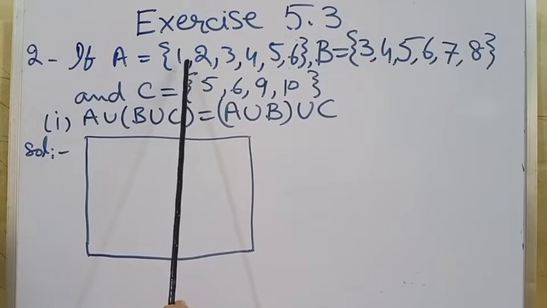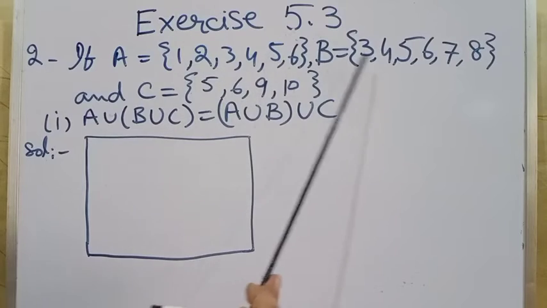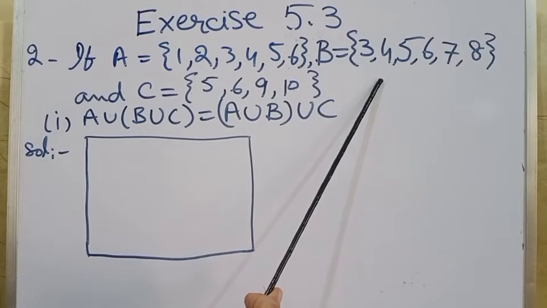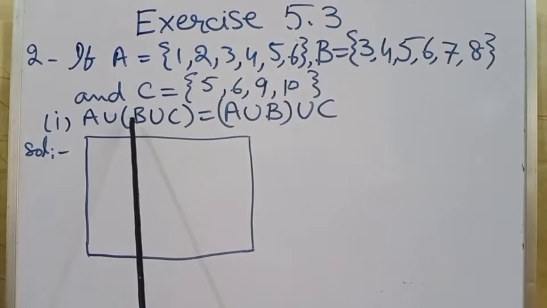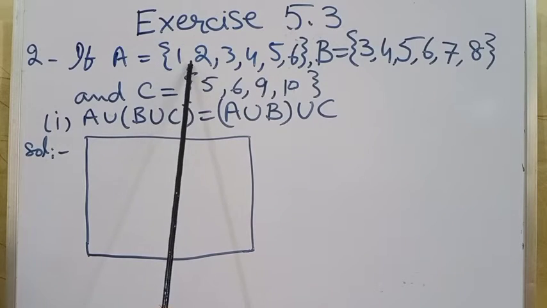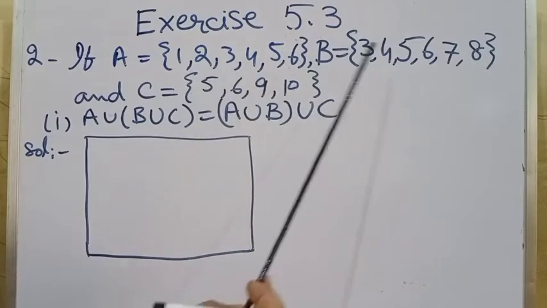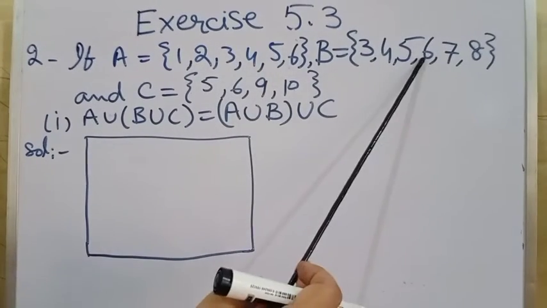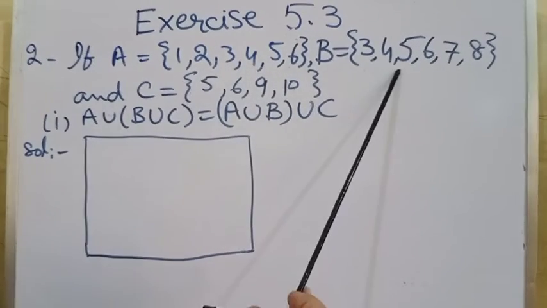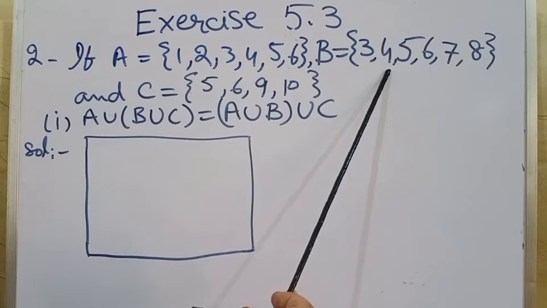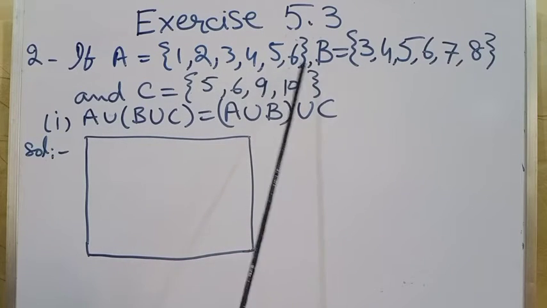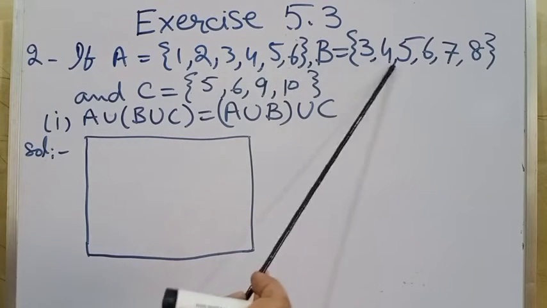So we have to observe: 1 is not common in both sets, 2 is not common in both sets, 3, 4, 5, 6. These 4 elements are common to sets A and B, and 5, 6 are common to all 3 sets.